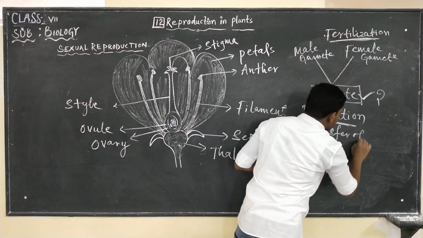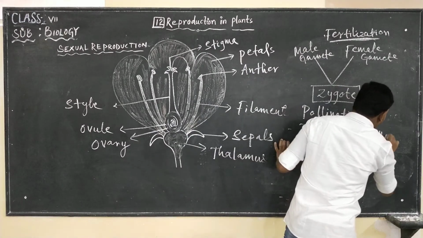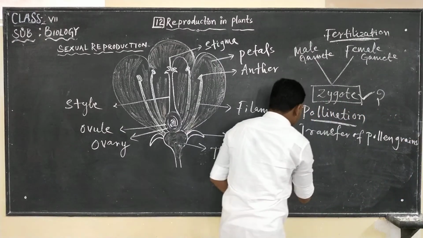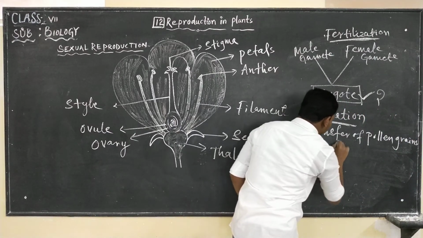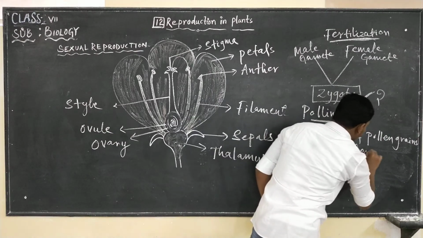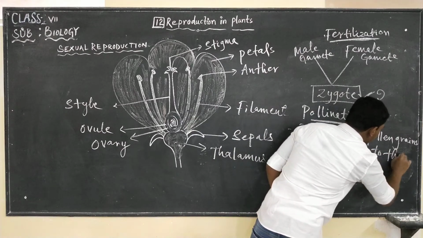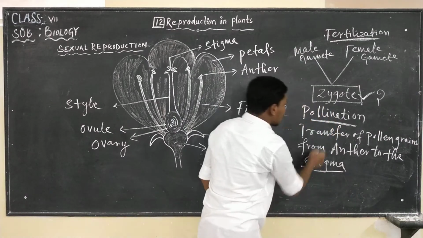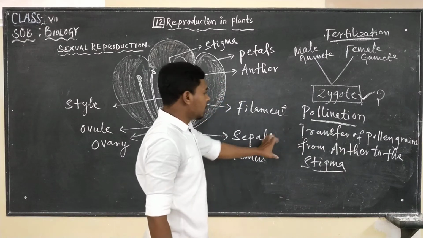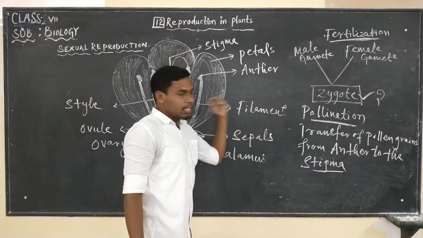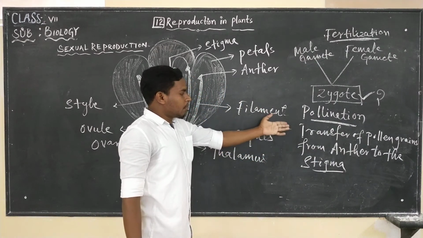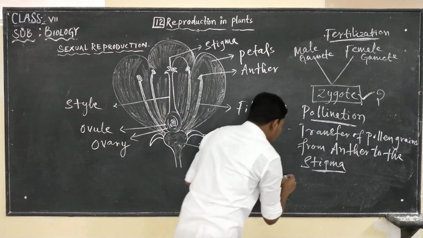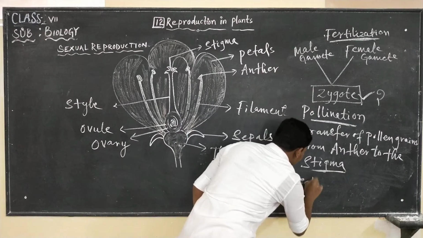Transfer of pollen grains from anther to the stigma is known as pollination, right? But how does this pollination take place? Pollination takes place by the help of insects.